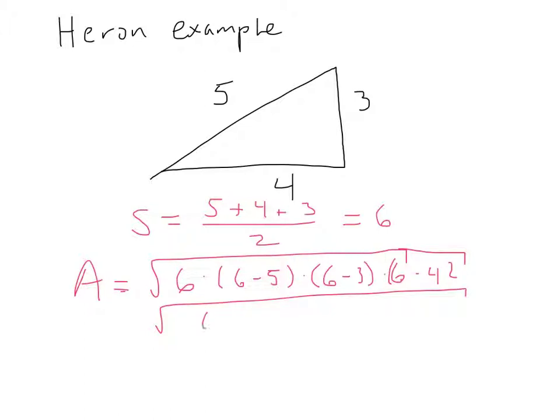So we get 6 times 1 times 3 times 2. That's the square root of 36. That's equal to 6. So it worked. Huzzah.